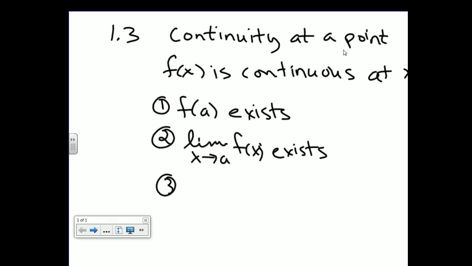And 3, the limit as x approaches a of f of x equals f of a.